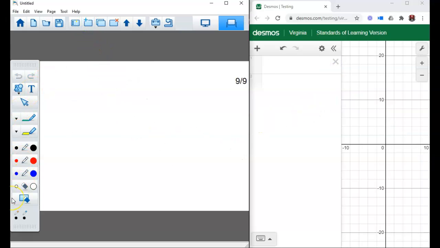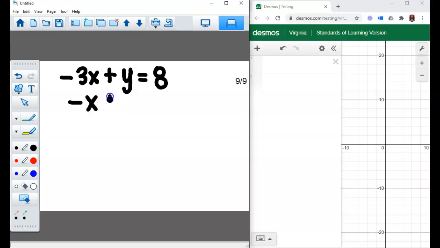All right, next up, let's do negative 3x plus y is equal to 8, and negative x plus y is equal to negative 2.